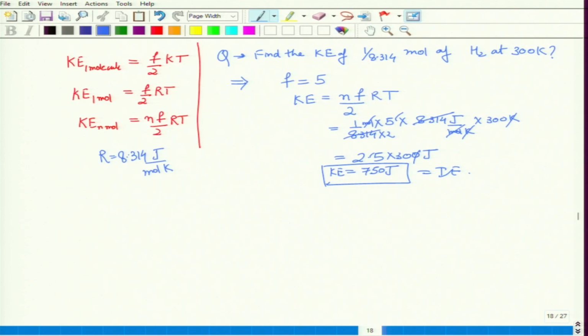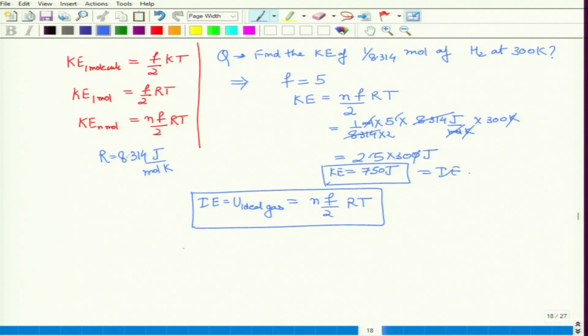So with this we arrived at the concept that the total internal energy, represented as U, of an ideal gas is nF by 2 RT. And this U is a function of temperature, because all the others are constant for a gas and only the temperature is the variable.